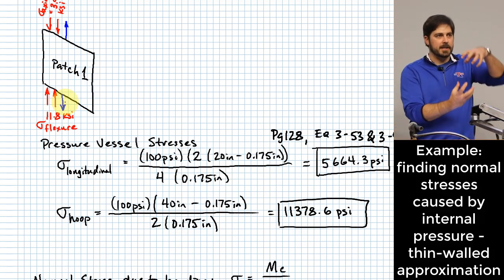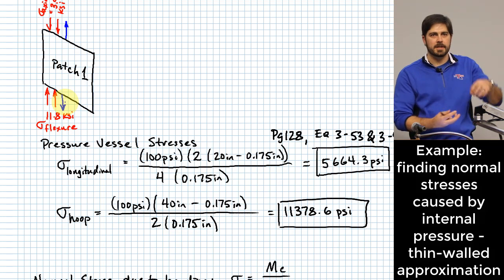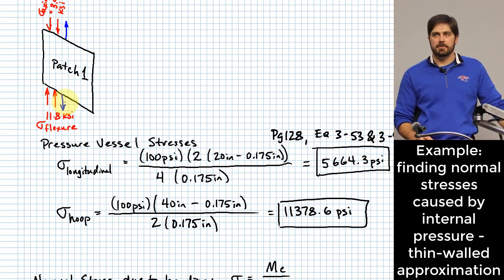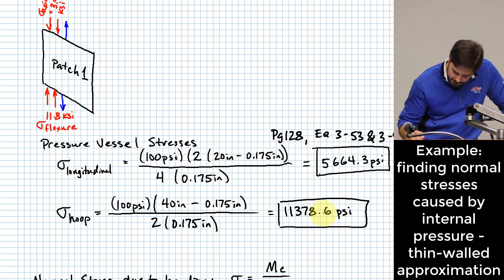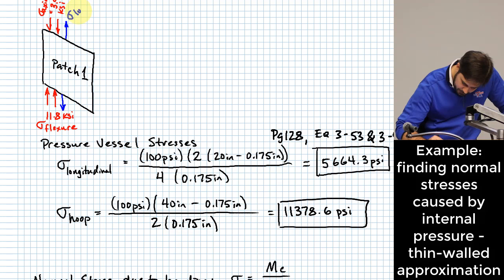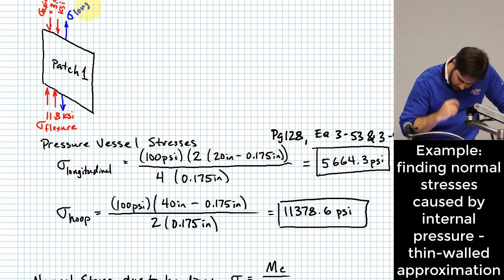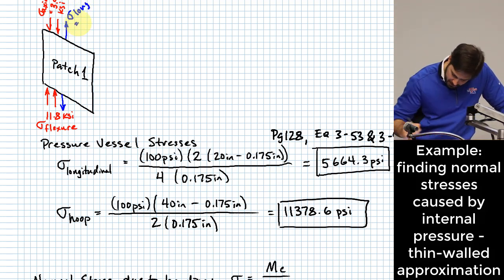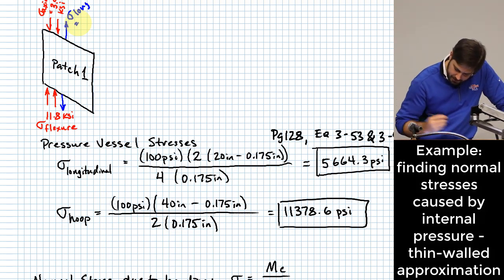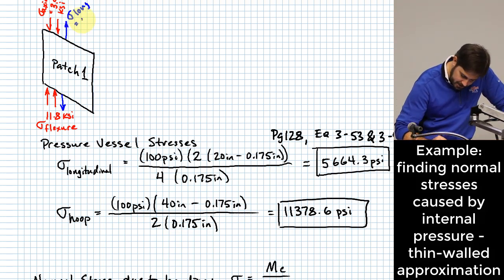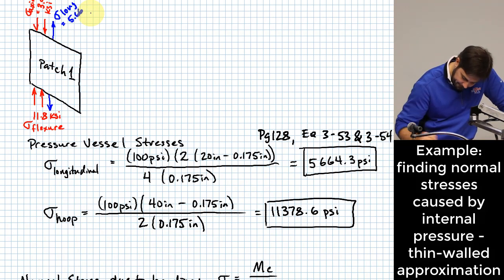It tries to make it longer, and the material is what holds it in. That means you are going to have a tensile stress on those patches of material. That's for longitudinal, and this is going to be equal to 5.66 ksi.